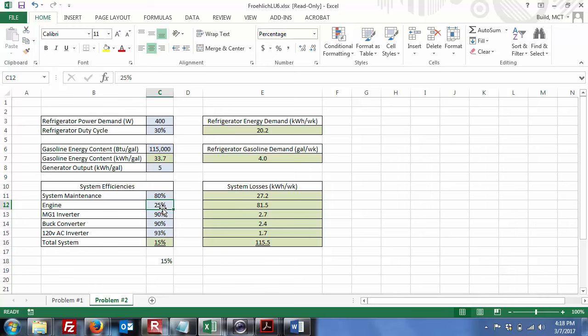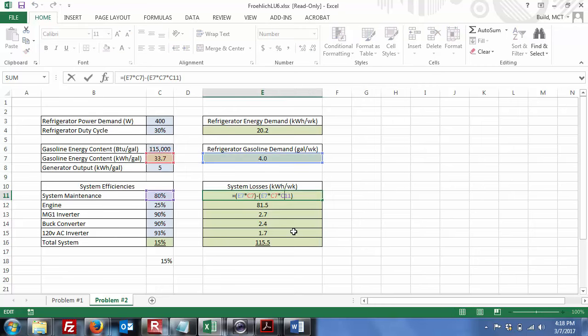The system losses part, this is where I kind of just brute forced the formulas. You take the total kilowatts produced by the system, which is E7 times C7, the gasoline demand times the total gasoline energy content, minus the energy content times the efficiency of the system.